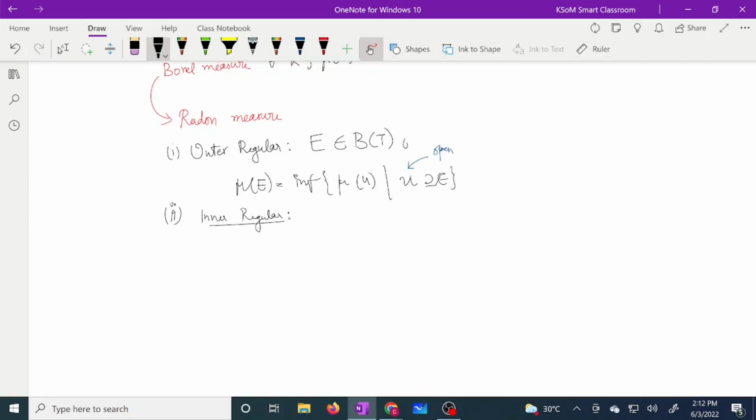For every open set U, mu of U is equal to the supremum of the measures of all compact sets contained in U. So for open sets you should be able to approximate them from the inside, and for general Borel sets from the outside.